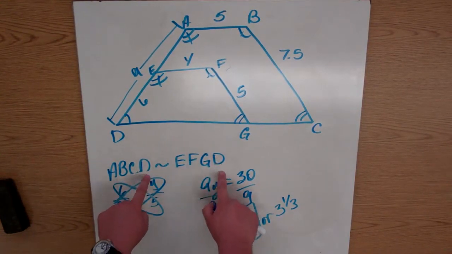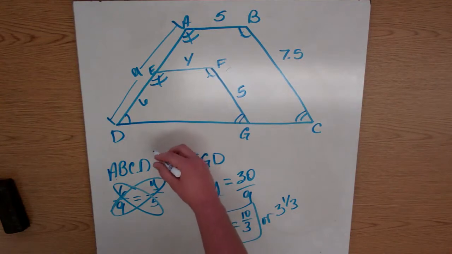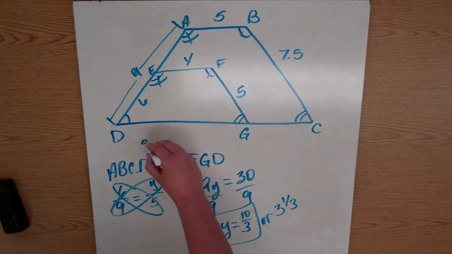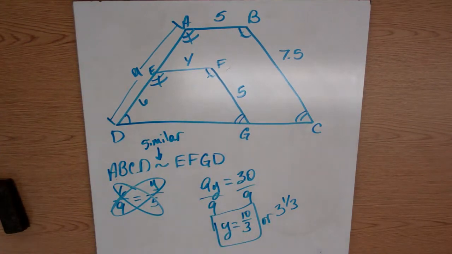C and G, and then of course D and D. They have to stay in the same spot on each side of the similarity sign. Remember, a single tilde means similar. And one more time, just to get this into your head: similar means the same shape, just smaller or bigger. And of course you have your similarity ratios.